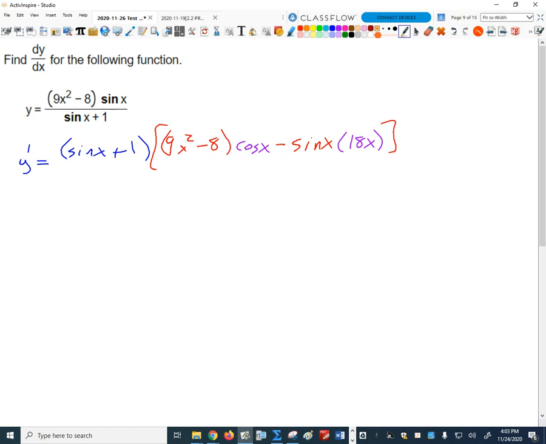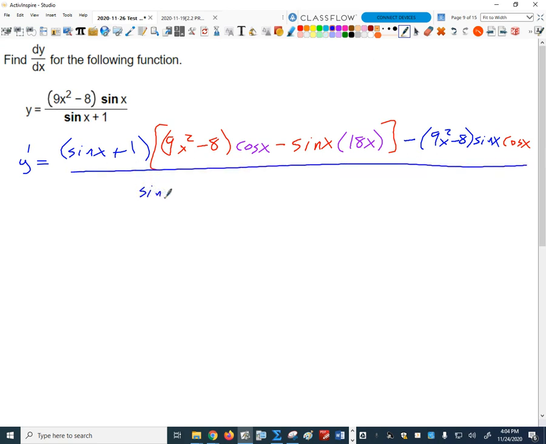Okay, we'll go low d high minus high d low. Derivative of the bottom is just going to give us a cosine x, isn't it? Derivative of sine x plus 1. All divided by the denominator squared.